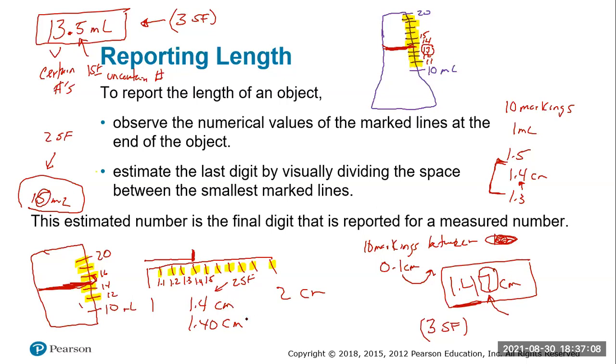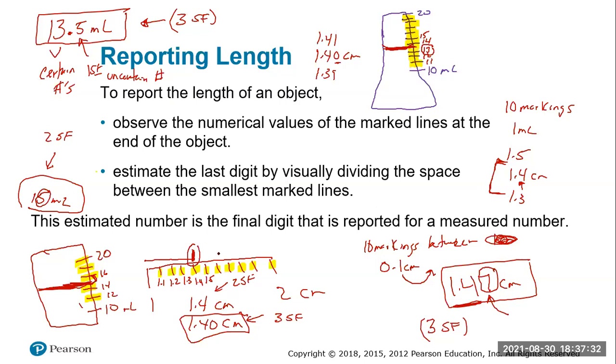If I do this guy, which has 3 significant figures, the uncertain number would be the last significant figure, which means it's maybe 1.41 or 1.39. Now, if we look at our scale, that is more realistic based on what we're able to measure.